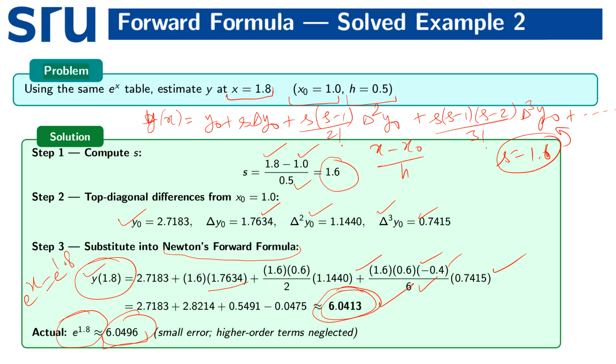There is a small error because higher order terms are neglected here, because we did not write the terms after delta cube y naught in this formula. Because we are neglecting the higher order terms, this error is coming.